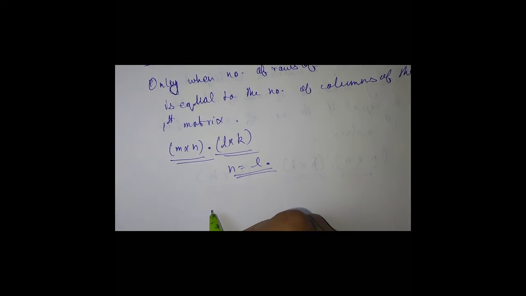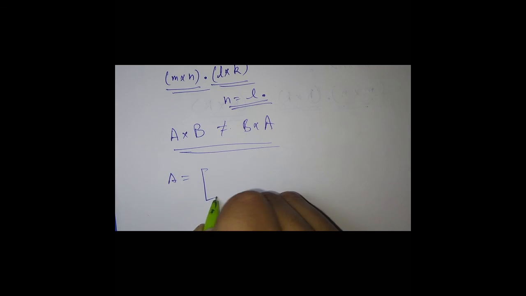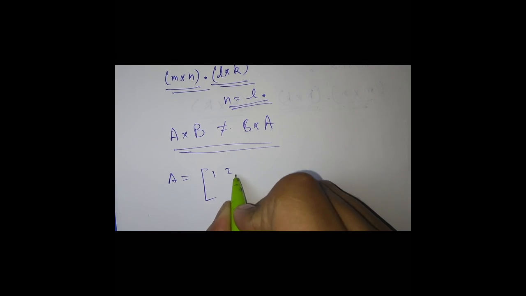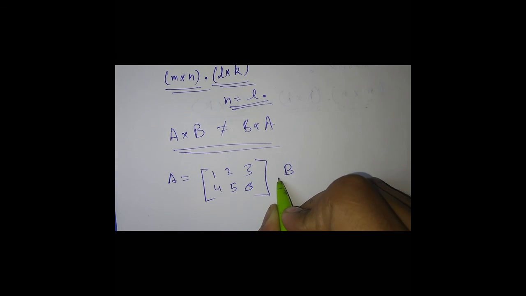This statement also proves that, let us consider two matrices, then product of A into B is not equal to B into A. Taking examples, let us take A to be 1, 2, 3, 4, 5, 6 and another matrix B to be 1, 2, 3, 1, 2, 3, 1, 2, 3.